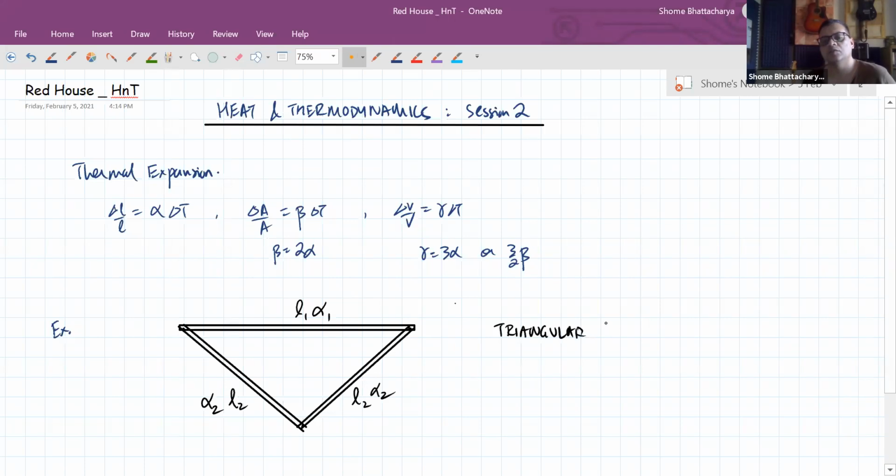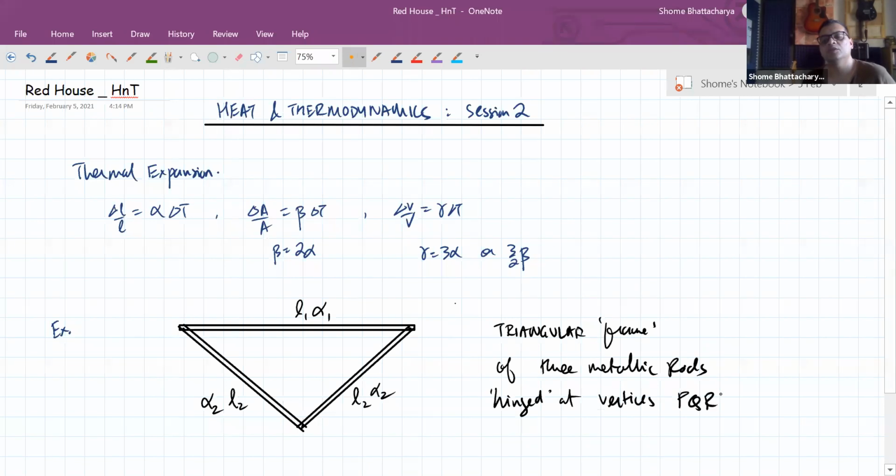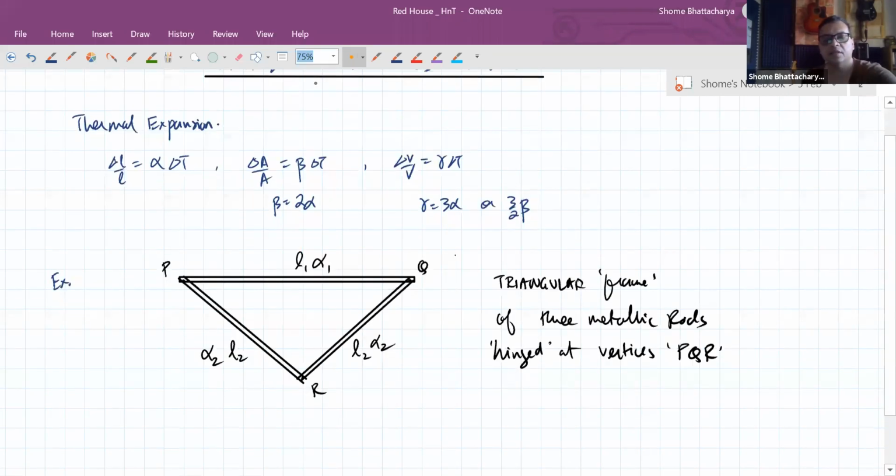So this is a triangular frame of 3 metallic rods hinged at the vertices, let's say P, Q, and R. In this, two of the rods are identical.